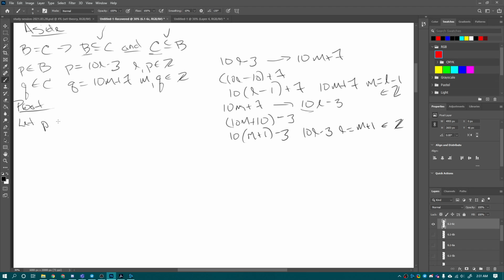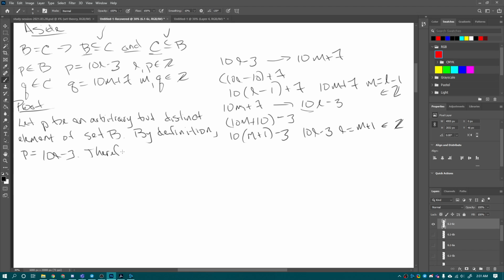Let P be an arbitrary but distinct element of set B. By definition, B is equal to 10L minus 3.